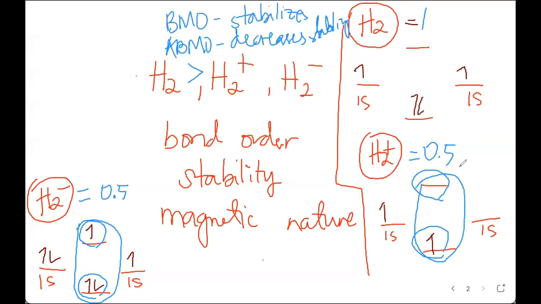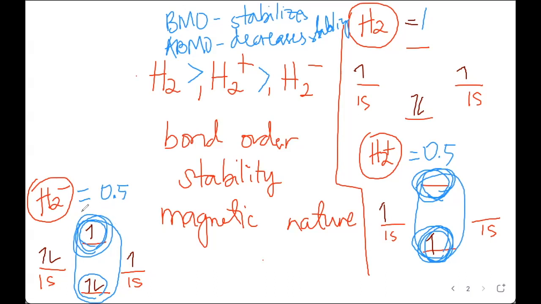H2 positive is more stable than H2 negative. Why? Because here, meron tayong isang electron sa ABMO. Dito, walang electron tayo sa ABMO. This means that no electrons in the ABMO increases the stability of the molecule compared to the one with electrons in the ABMO.